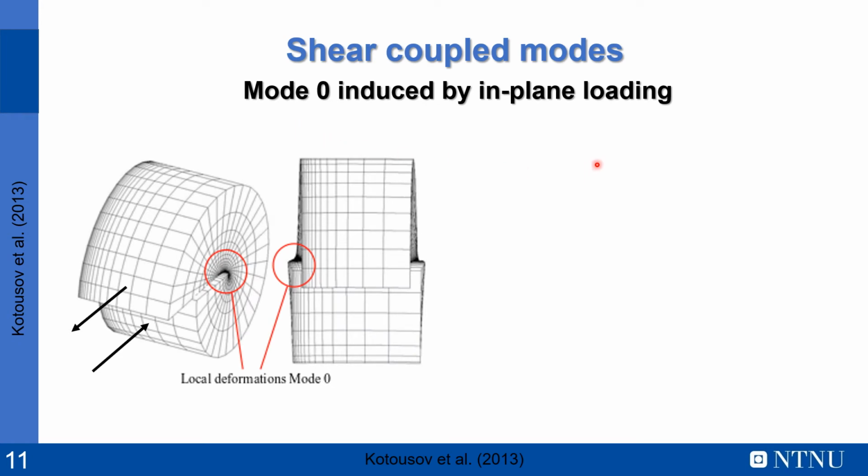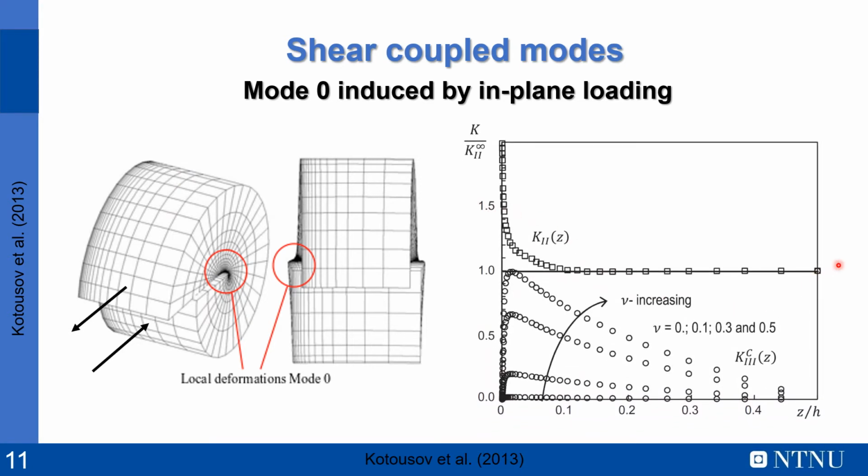We have the mode 0 induced by in-plane loading, which is something like mode 3 induced by a shear in-plane mode, and it's been observed how the primary mode stress intensity factor, in this case the K2, is equal to the far-field applied stress intensity factor at the midplane and increases as the free surface is approached, while the stress intensity factor due to the mode 0, in this case the locally induced mode, varies from 0 at the midplane to the maximum before the free surface, when it drops down suddenly at the free surfaces, and its nature is explained by the Poisson's ratio, because with the Poisson's ratio equal to 0 we can observe a stress intensity factor in mode 0 equal to 0.